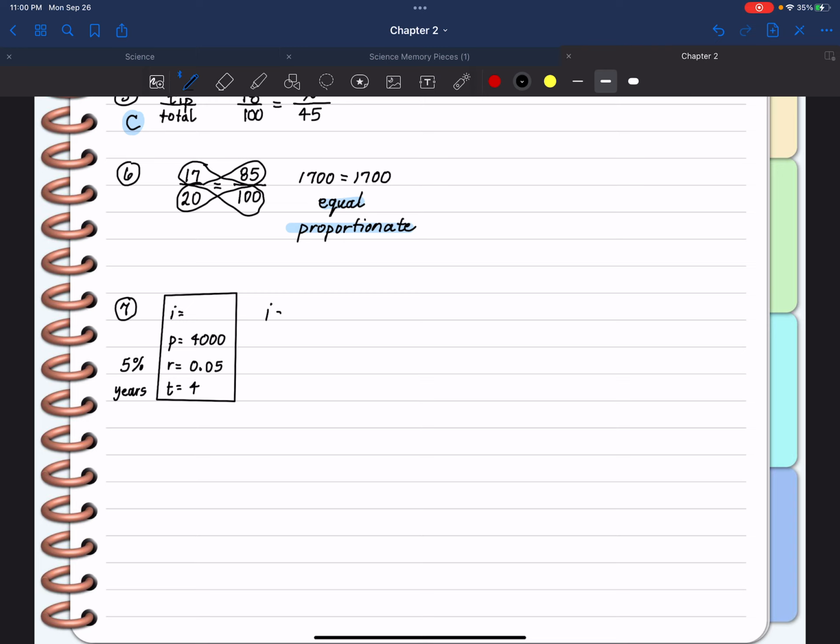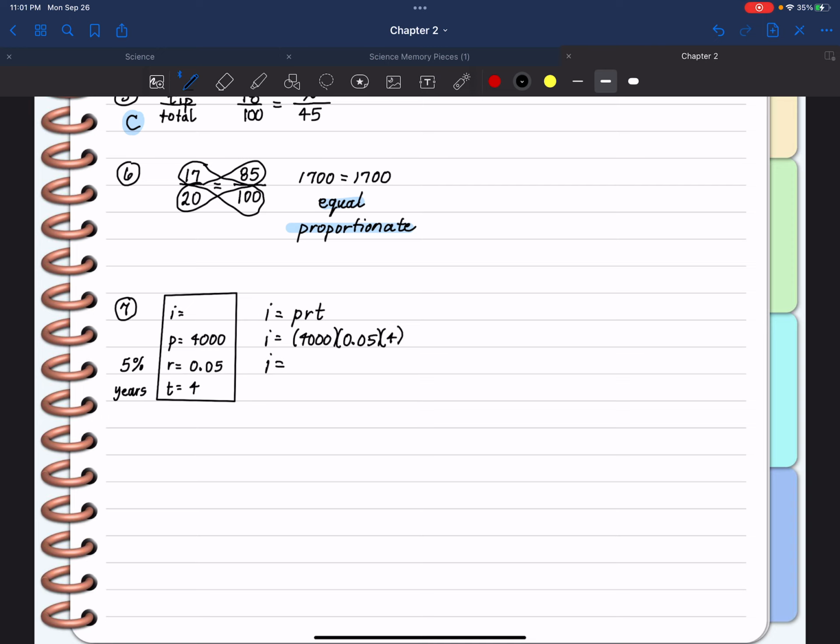So here comes the formula. Interest is principal times rate times time.